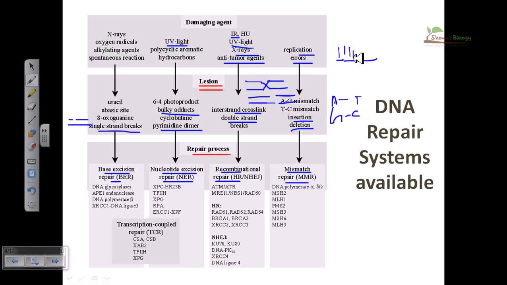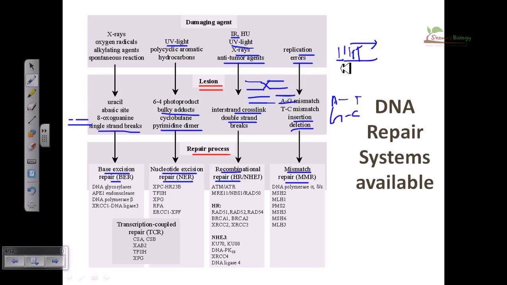As soon as it incorporates a wrong nucleotide, it shifts its conformation so that it can use its 3' to 5' exonuclease activity, chew up a few nucleotides, and then go on synthesizing again. This is called the proofreading activity of the DNA polymerase, and this feature is really important because it gives rise to the fidelity of DNA replication.